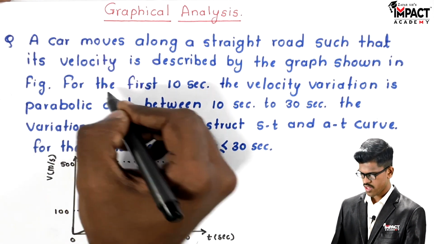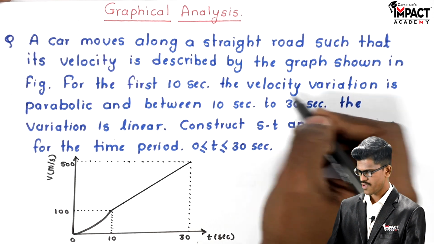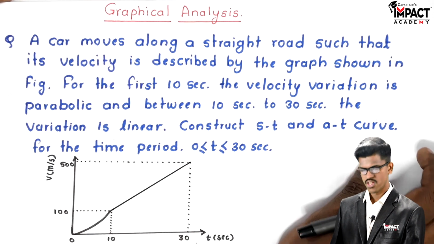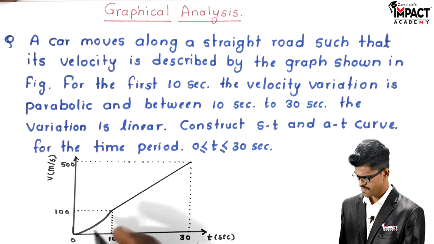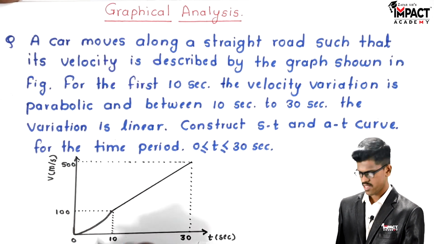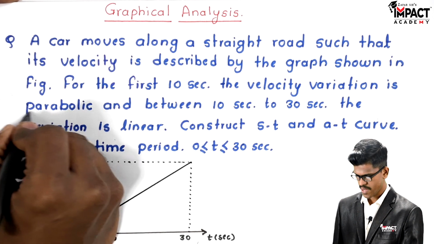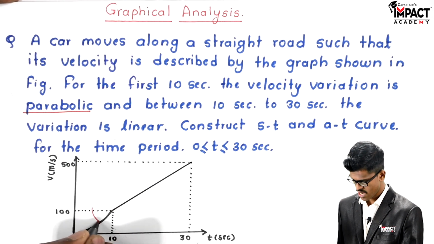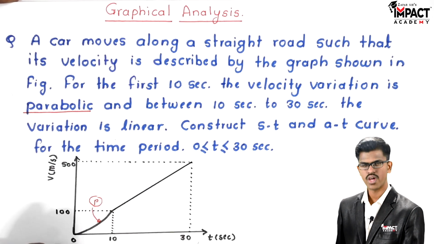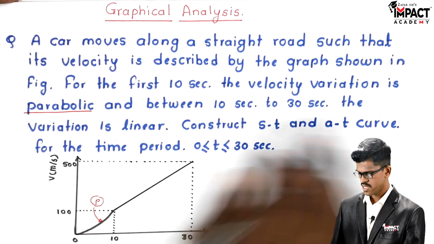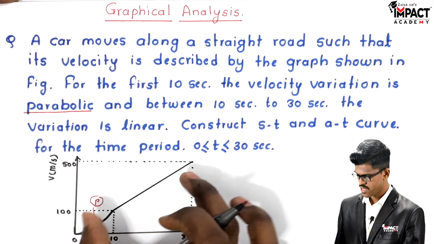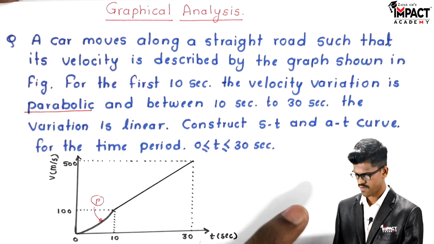For the first 10 seconds, the velocity variation is parabolic, which means it is a parabolic curve. Then between 10 to 30 seconds, its variation is linear. We can see that here in the graph.